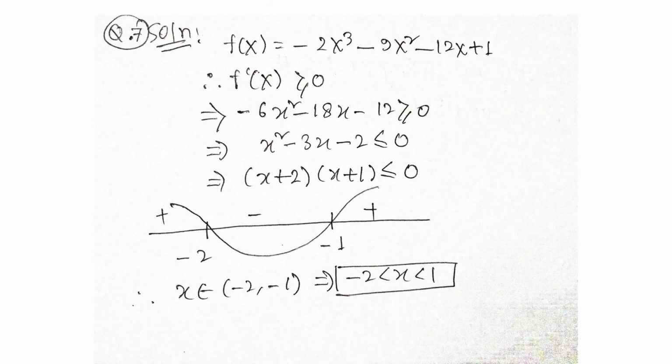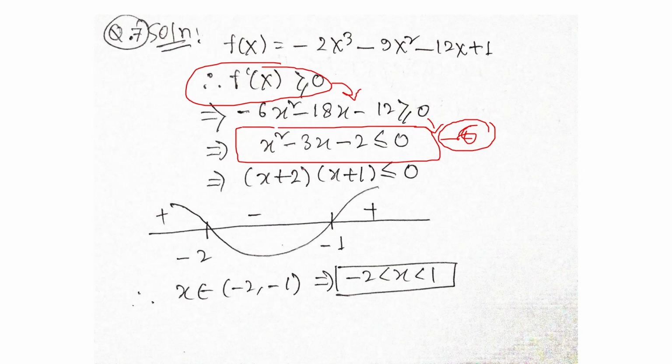So by taking the differentiation, we'll get that. Taking out the value minus 6 from there, and multiplying, the sign also reverses. By factorizing the quadratic inequality, we'll get this term, and by this method we'll always find the domain of the roots.